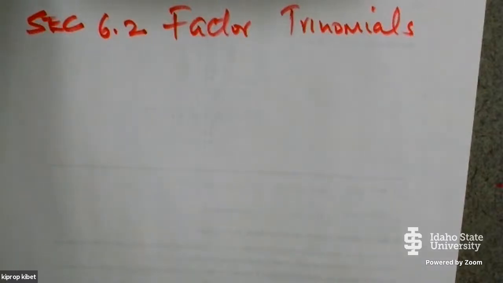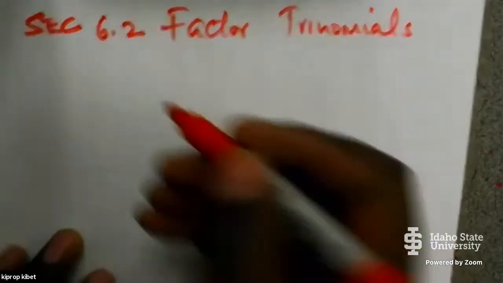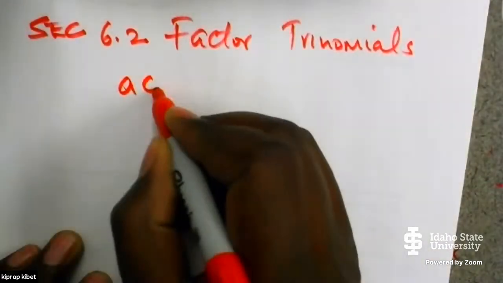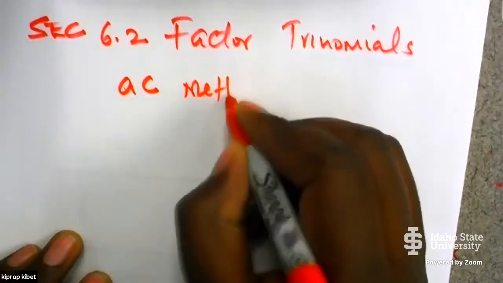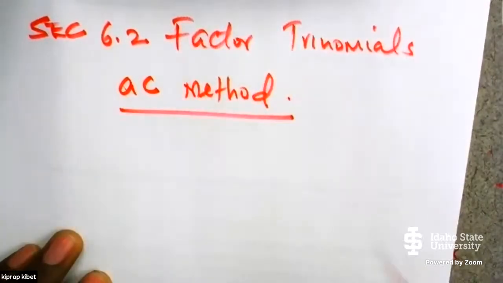We are not going to look at how to factor using many methods. The method that we're going to use is what we call the AC method.